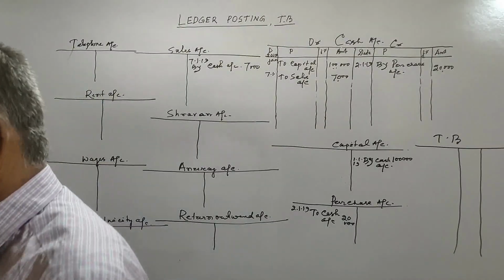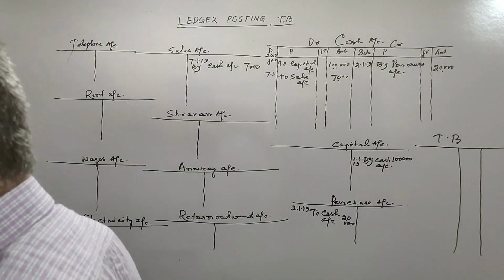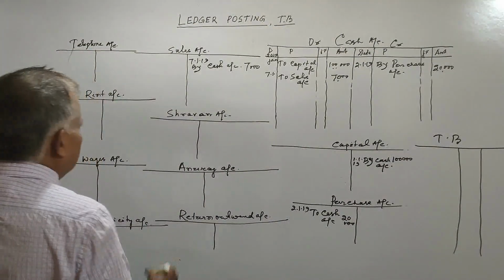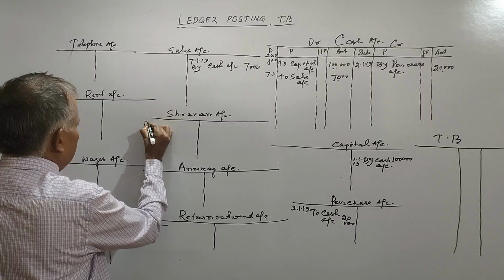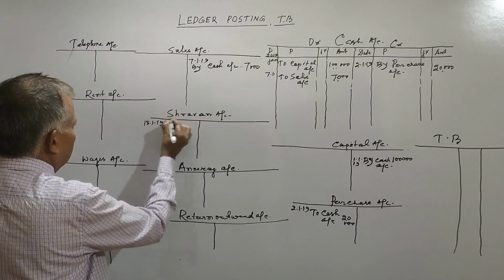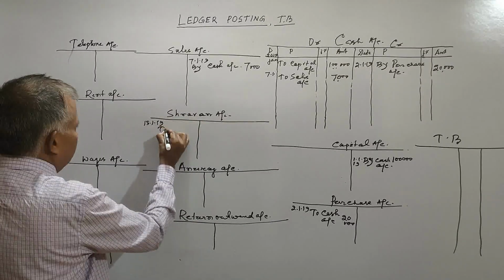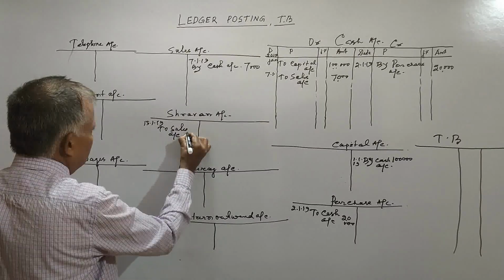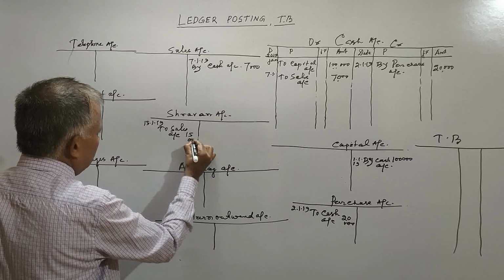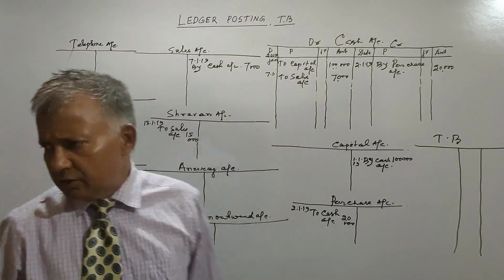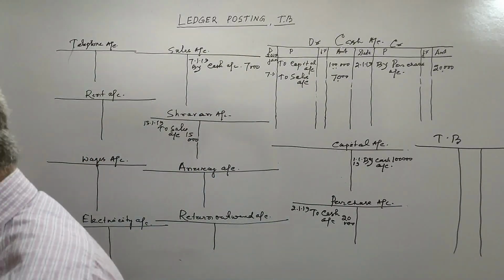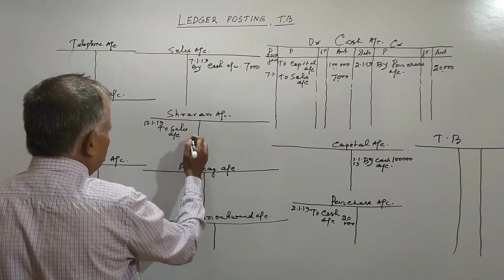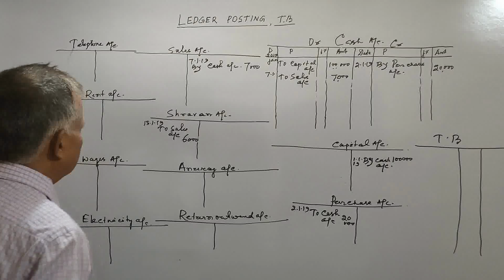Right? Then we will go to sold goods to Shravan, 6,000. Shravan account debit to sales account. This is 6,000, not 15,000.